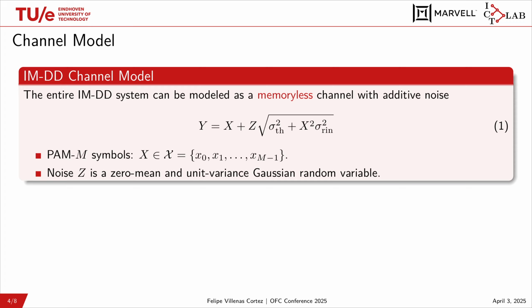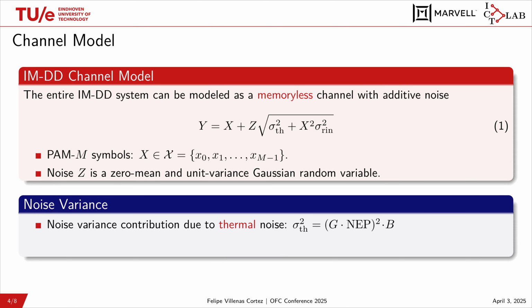And the noise variance is going to have two main components. The first one is the contribution due to thermal noise, which is the same as the electrical noise. It will depend on the parameters G and NEP, which are the gain and input referred noise of the TIA. And the second component is x squared times sigma RIN, where sigma RIN is going to be calculated directly from the RIN parameter of the laser. And in both cases, the noise variance scales up with the bandwidth of the system, which depends on the symbol rate.